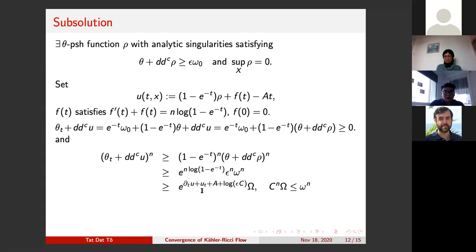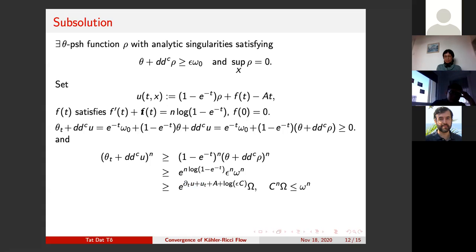So here when we take the derivative of u with respect to t plus u, there will appear the term f(t) plus f'(t), the derivative of the function f.